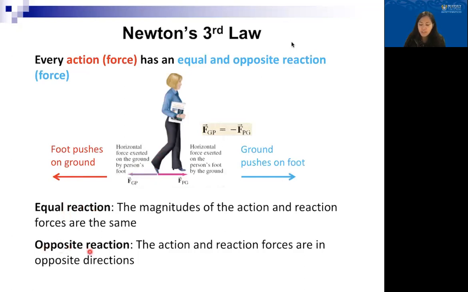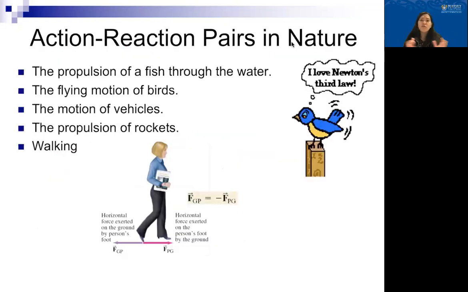So you can see, with this example of the woman walking, that any movement we can see in nature would be a consequence of Newton's third law of motion. Take the propulsion of fish through water. The fish pushes the water around itself.